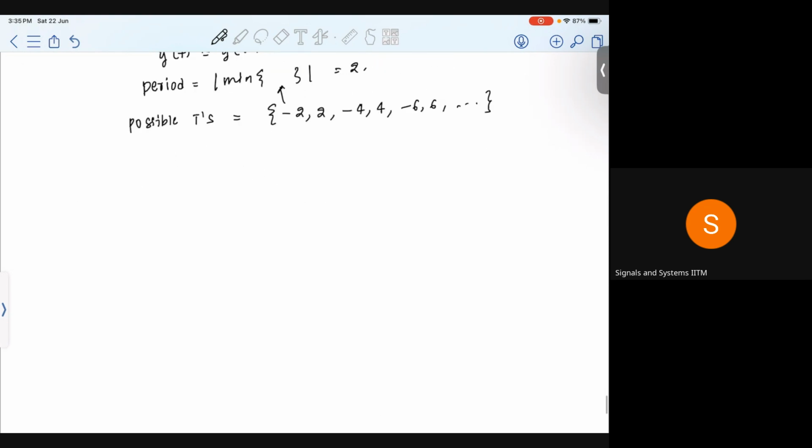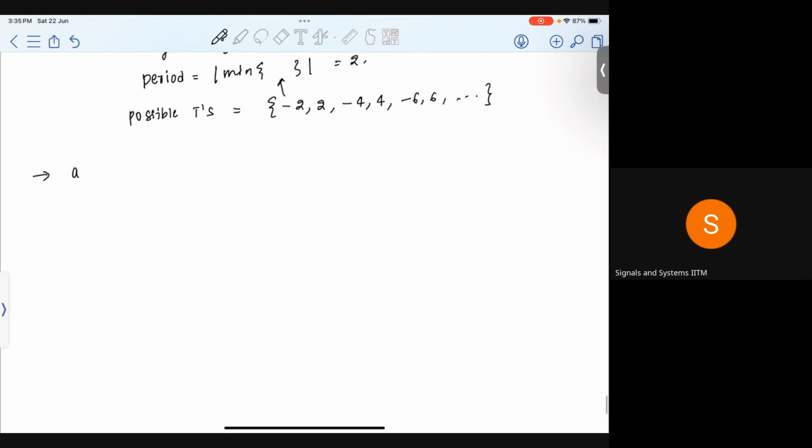And one thing that we learned from our last class is that all finite time signals are aperiodic. Finite time signals are aperiodic. For infinite time signals, we have to check if the signal is periodic or aperiodic.